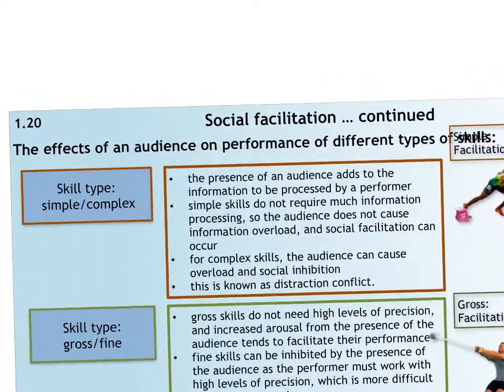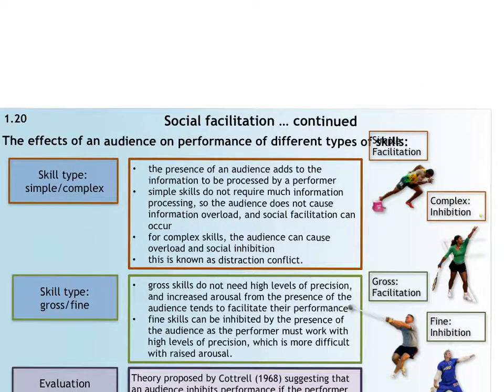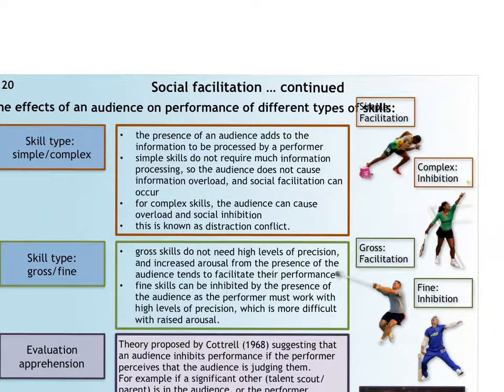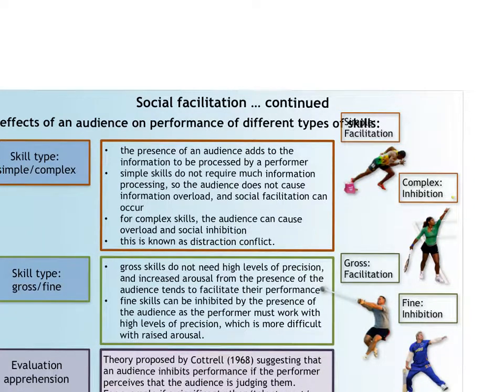So quite often for a complex skill, an audience can result in social inhibition. There's just more things to process. But again, you're going to tie that in with your stages of learning. And there's an example over here. This is a fairly simple skill.